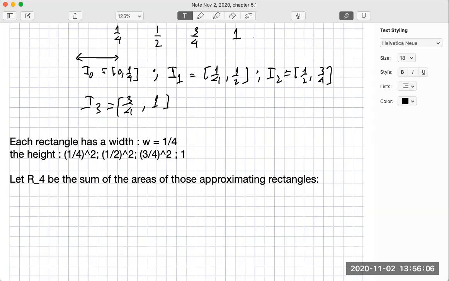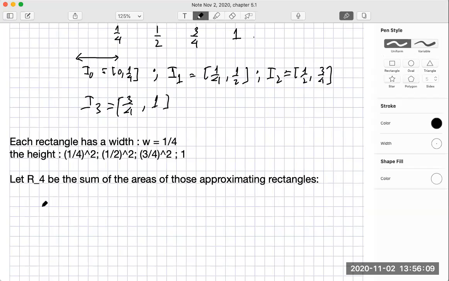Then it is clear that R4 will be the first rectangle, which has width 1 over 4, times the height of that, which is 1 over 4 squared, right? And the second rectangle has the same width 1 over 4, and the second one has the height of what is it? Yes. Plus the third one will be 1 over 4 and 3 over 4 squared.